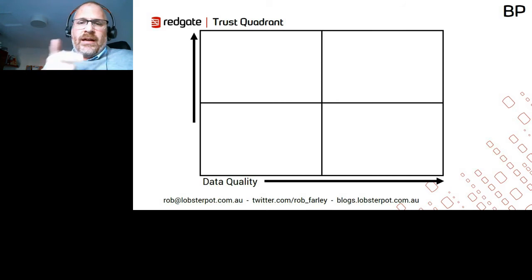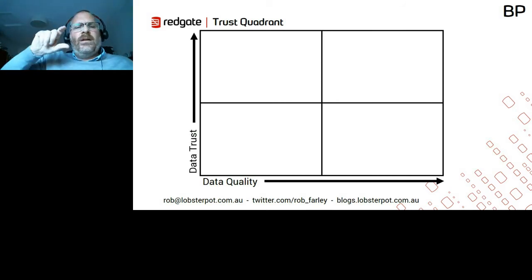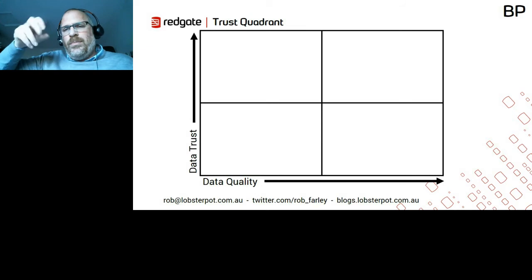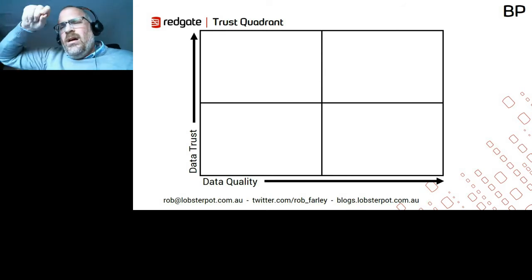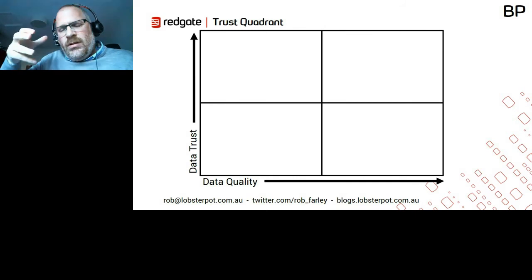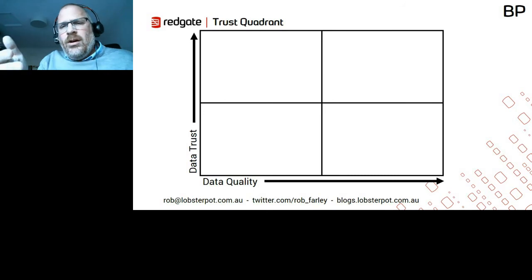Conversely, the other axis I want to talk about is the trust level that you have in that piece of data or that section of data, that report, whatever it might be. And this is really where it comes into the culture thing, because I kind of figure that if you trust a piece of data, if you trust a report, if you trust a system, then you're more likely to act on the data in there.